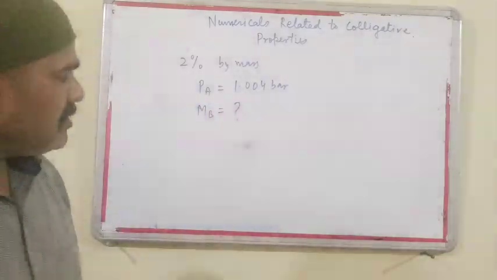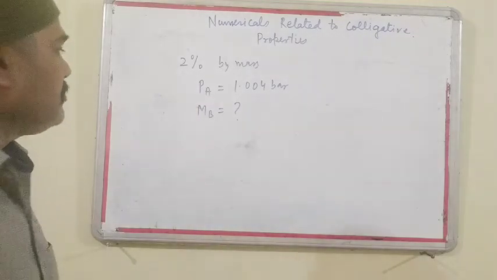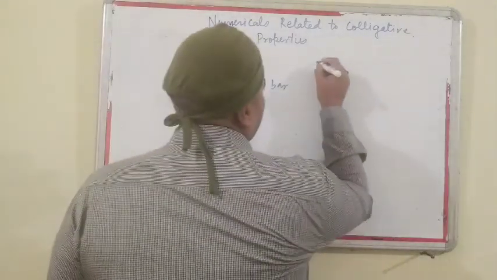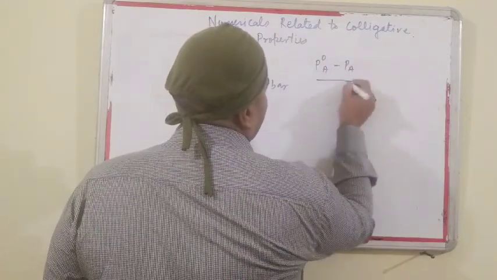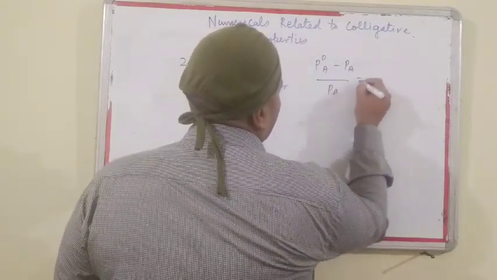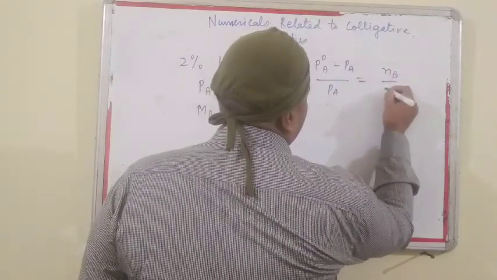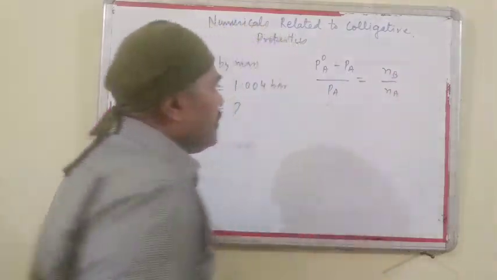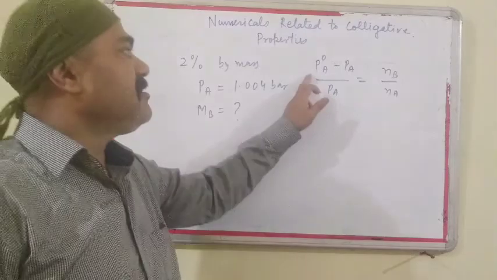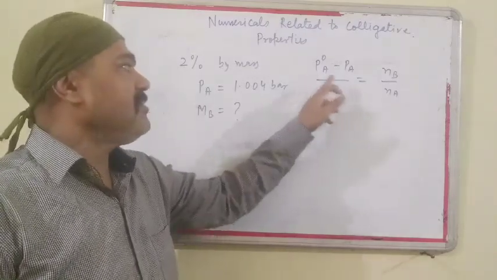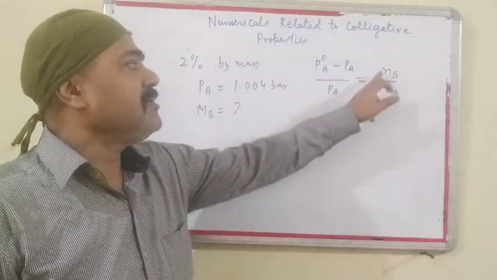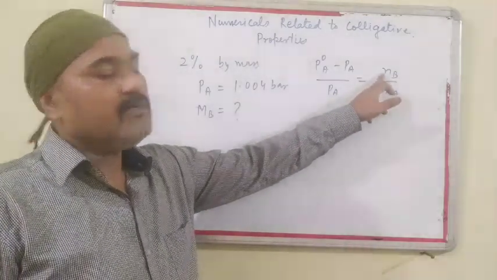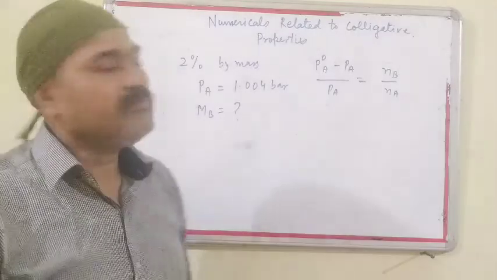Okay, now first of all we will use this formula: P0A minus PA upon PA equals NB upon NA. Here P0A is the vapor pressure of the pure solvent, PA is the vapor pressure of the solution, NB is the number of moles of the solute and NA is the number of moles of the solvent.